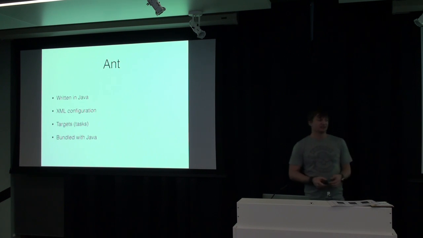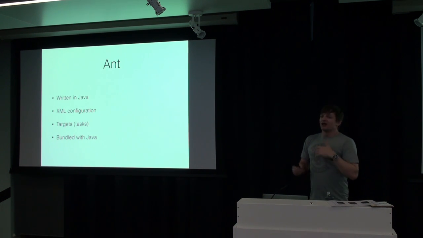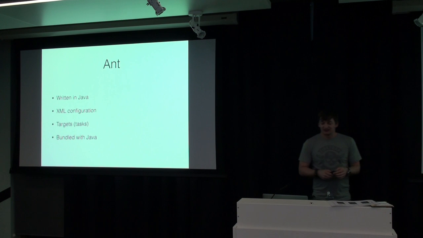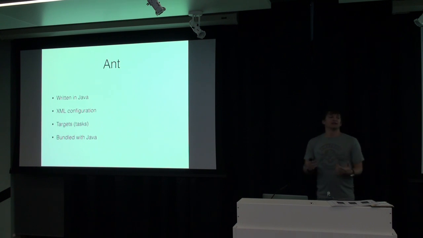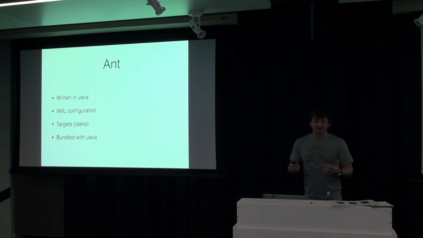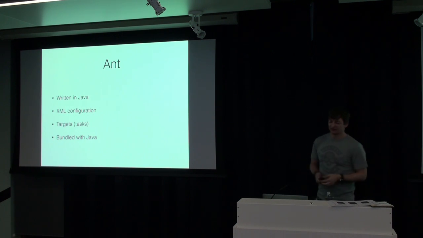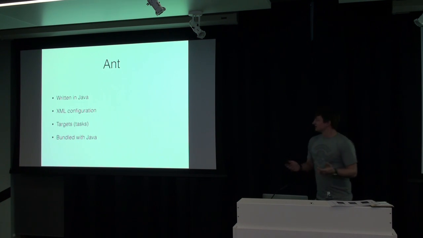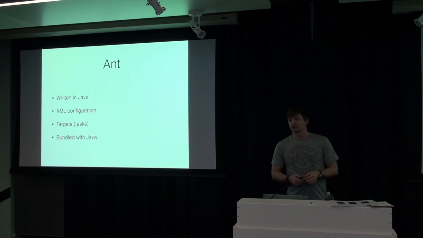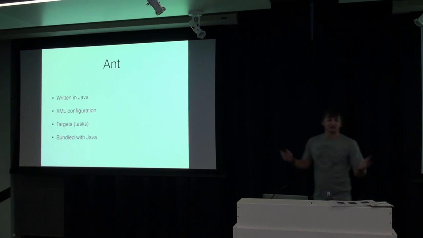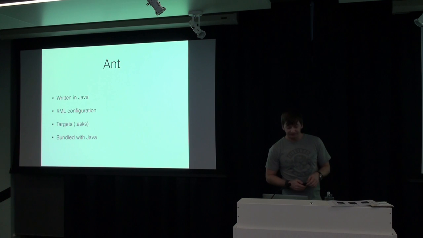The configuration is done in XML, and just like the tasks we were handling in Ansible, Ant is calling them targets, right? So just another name. And the cool thing, if you install Java on Linux machines, it's bundled within, so you don't have to worry about installing it.